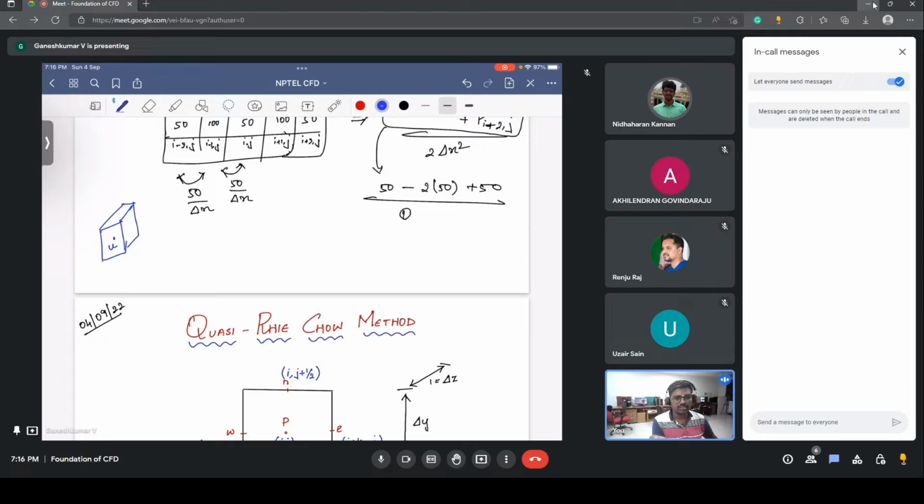If you store temperature at the face and pressure at the center, it indirectly gets coupled, which doesn't make sense. Why should pressure affect the temperature, or temperature affect the pressure? So the formulation should be consistent.